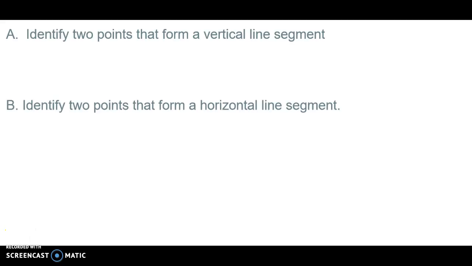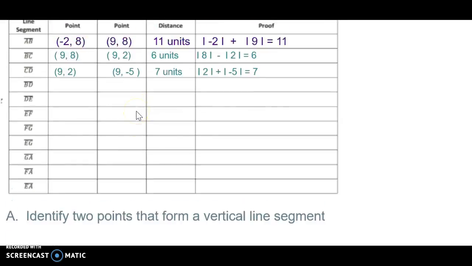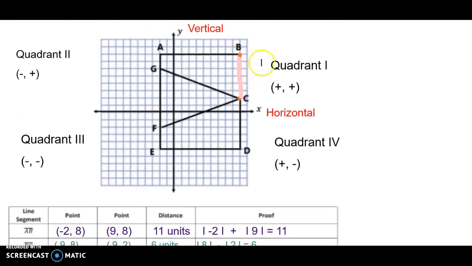So an example for that would be, well, we already did B and C. Another example could maybe be point A and G. They're going up and down.